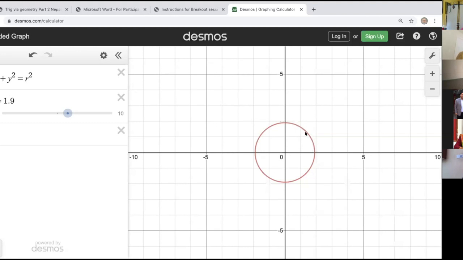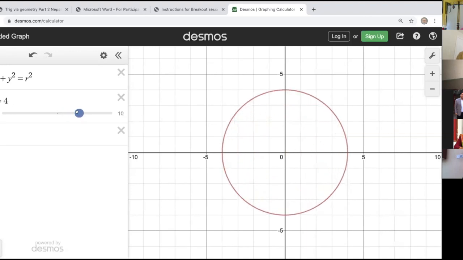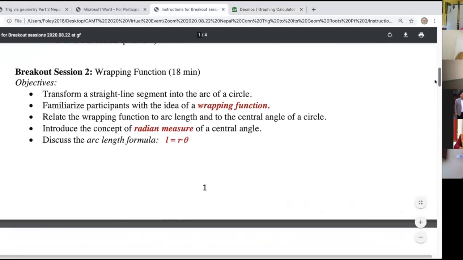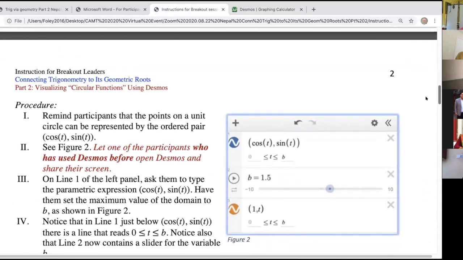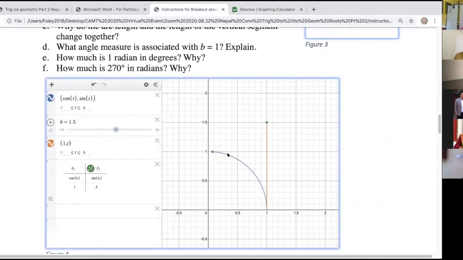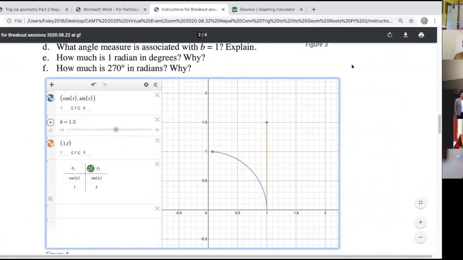The 90-degree angle looks like it's more than one radius of the circle, regardless of how big the radius is. But things are simplest when we use a radius of 1. So in the second breakout, you're going to get a chance to play around with Desmos and to investigate the relationship between a circular arc and a straight segment.